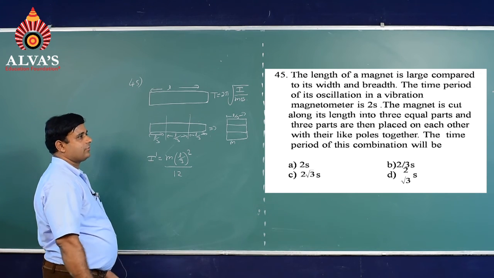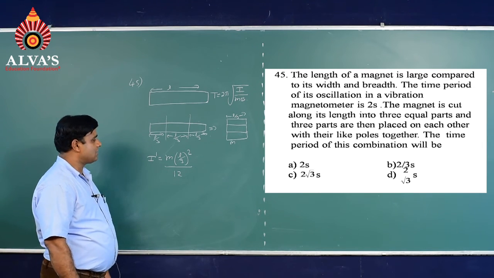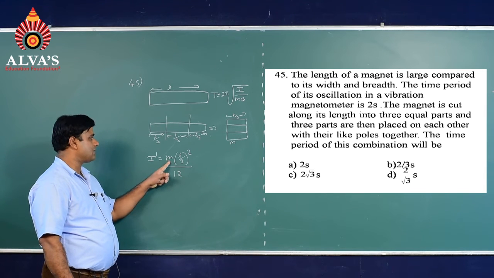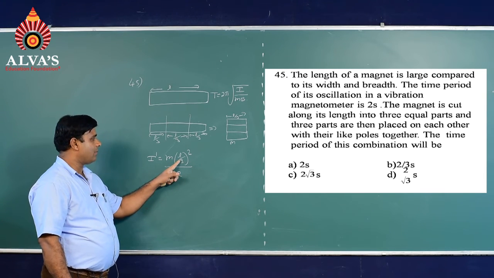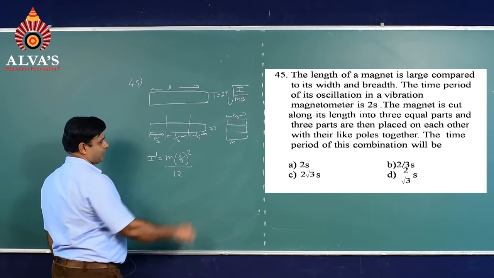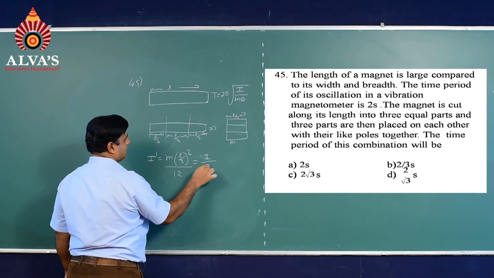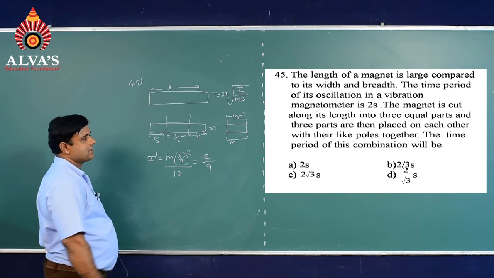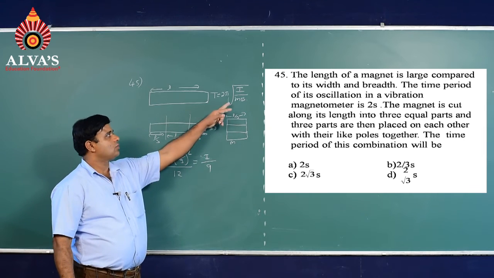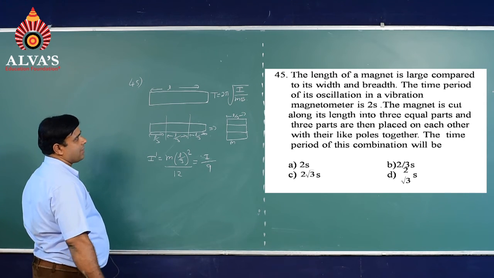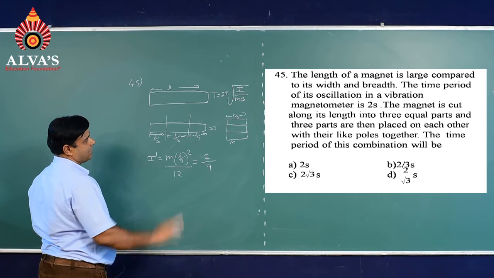Moment of inertia of the rod is given by mL² by 12. So mass into (L by 3) squared by 12, compared to mL² by 12, the original moment of inertia, 3 squared is 9. So I dash is I by 9. There is no change in the magnetic dipole moment m, B remains the same.